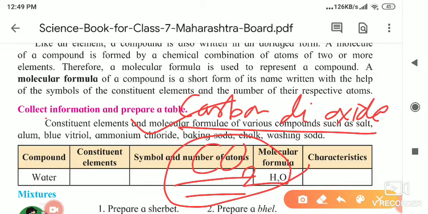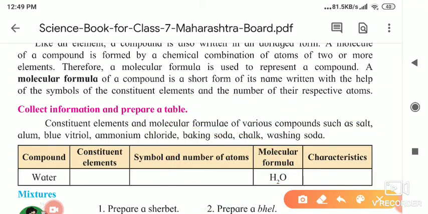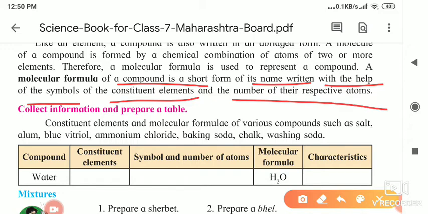So if we write the molecular formula, it is easy for us to understand how many atoms are present inside it. That is the short, golden way the scientists found to write molecular formulas for different compounds. So a molecular formula is a short form of a compound's name, written with the help of symbols, the constituent elements, and the number of their respective atoms.